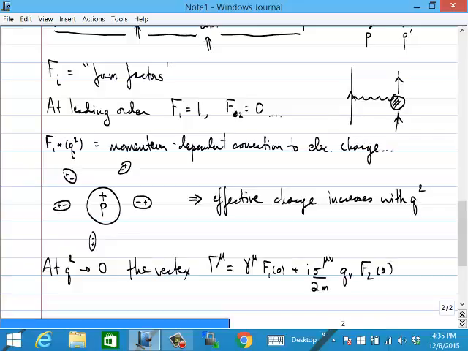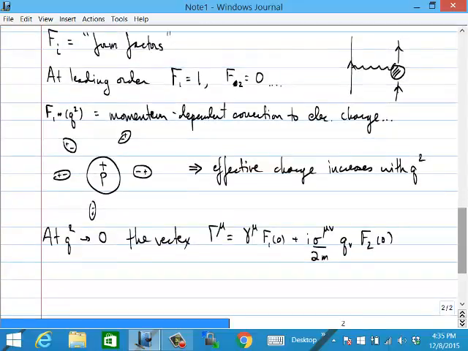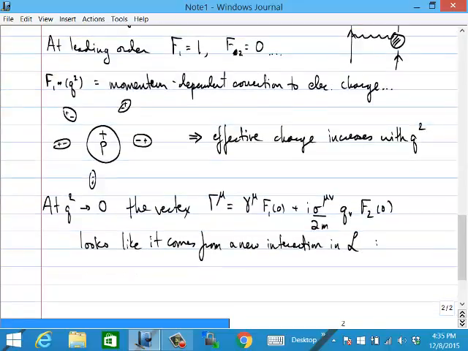And what I want you to notice is that this interaction term looks like it comes from some sort of new interaction in the Lagrangian, which has the following form.